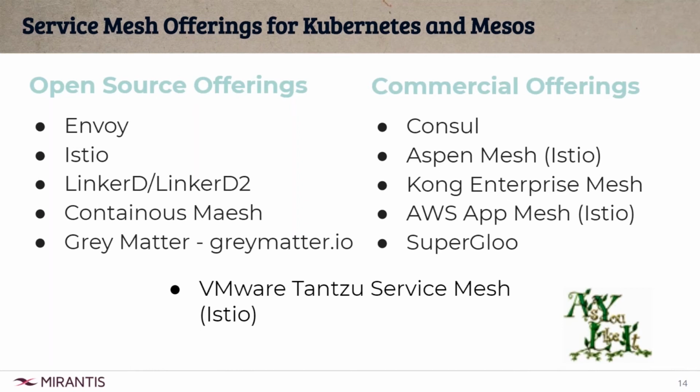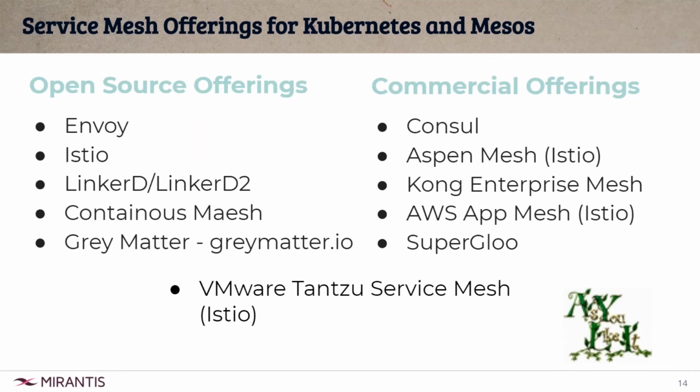Kong, which is a highly developed project that goes beyond the extents of Kubernetes into bunches of other container orchestration methodologies. Of course, AWS has their own. I won't talk very much about that because they stole it from Istio, but that's okay.